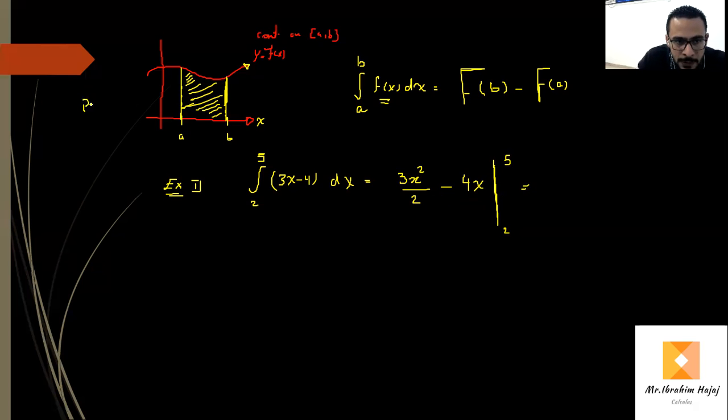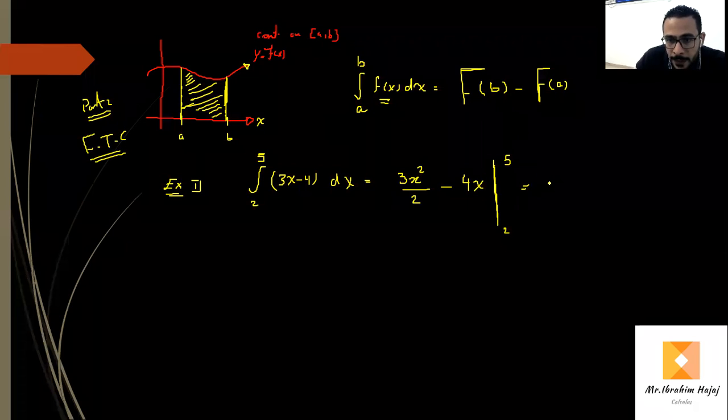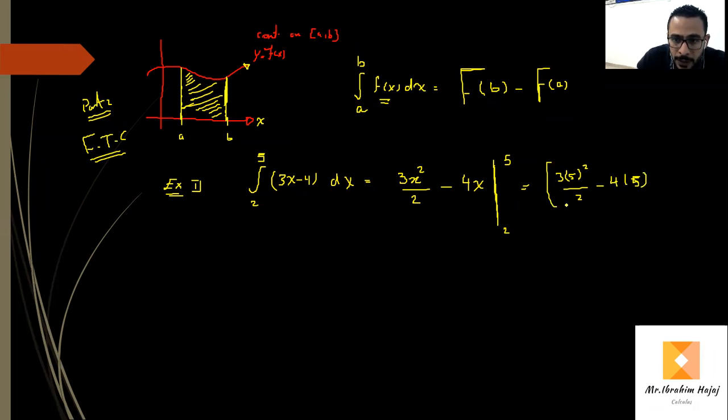The second part of the fundamental theorem of calculus states this. Okay, and then we have to substitute 5 first. So it's 3 times 5 squared over 2 minus 4 times 5. And then minus, plug in 2 for x, so 3 times 2 squared over 2 minus 4 times 2. And then find the answer.